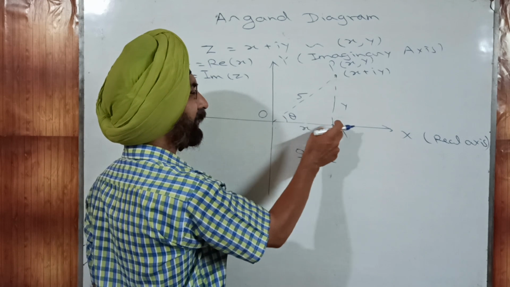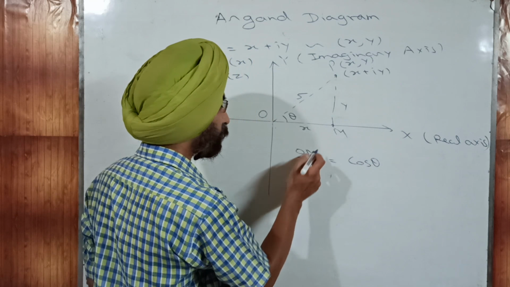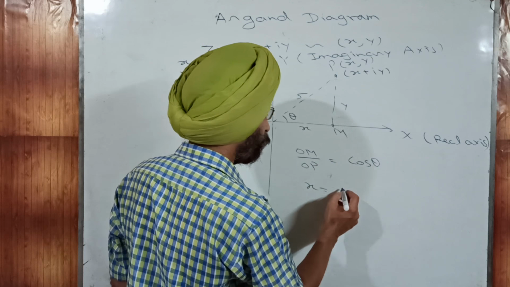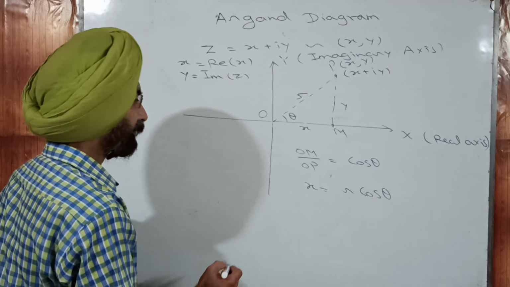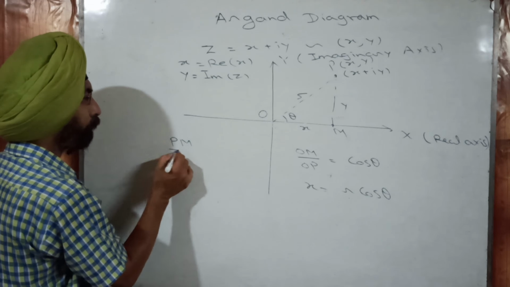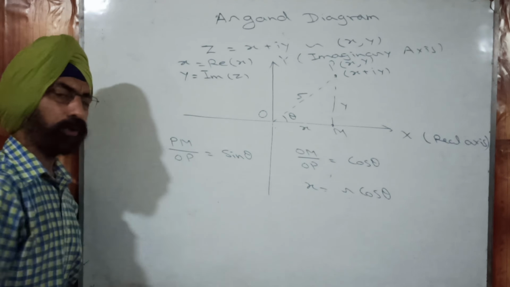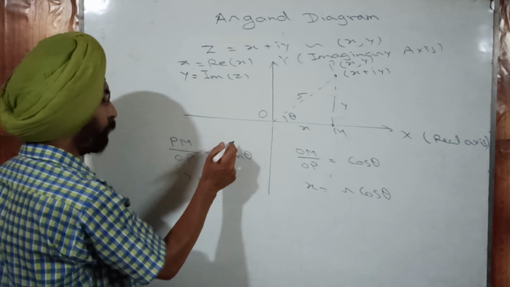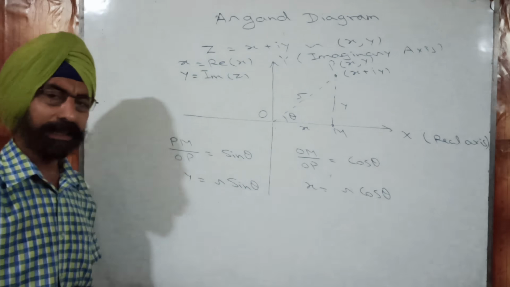So you are getting base upon hypotenuse, that means cos theta. That means OM is your x, OP is your r, cross multiplying, x is r cos theta. Similarly, your PM upon OP is sin theta, because it is perpendicular over hypotenuse. Once again, PM is y, OP is r, by cross multiplying y is r sin theta.